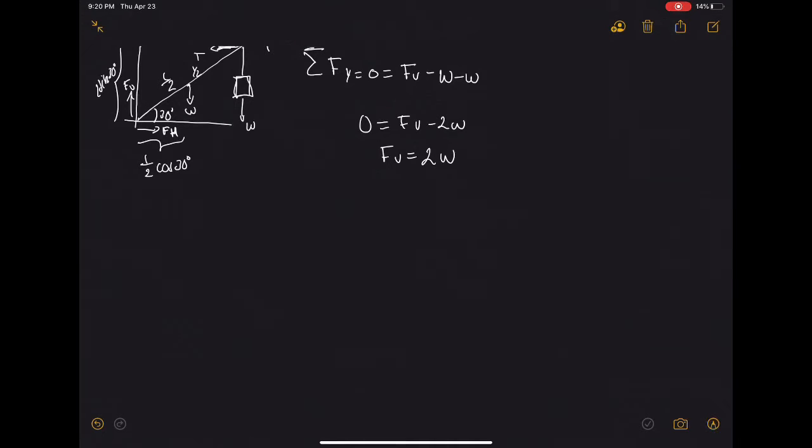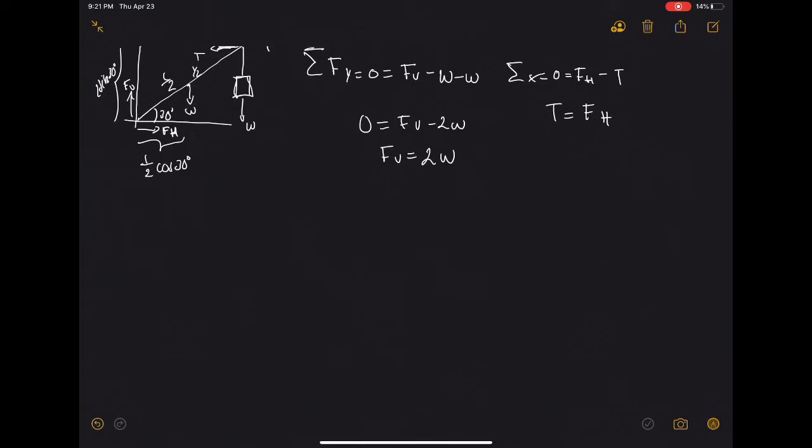Now we also have to find the sum of all the forces in the horizontal. For the horizontal, the sum of Fx equals 0, and we have FH in the positive and the negative tension right here. So we have that T equals FH.